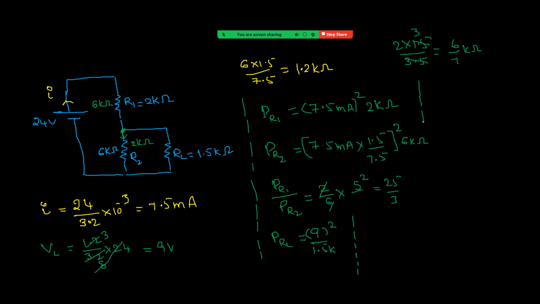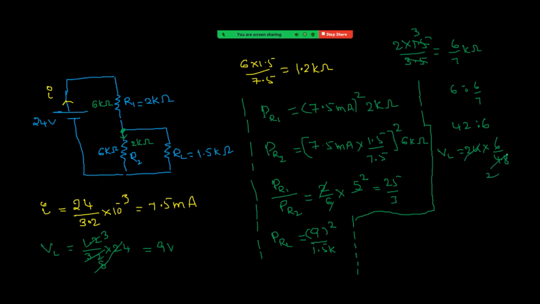So now potential will be in the ratio since they are in series combination. Potential will be in the ratio 6 is to 6 by 7, or I can take it as 42 is to 6, right? So potential divides in this ratio and we want it across the load. So the potential across the load is equal to 24 into 6 by 48.